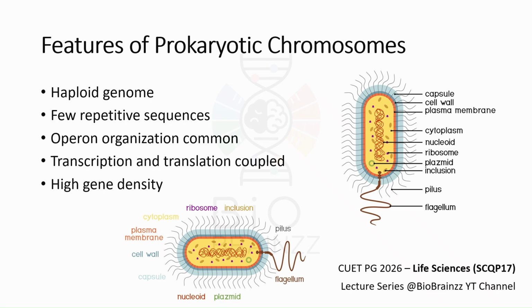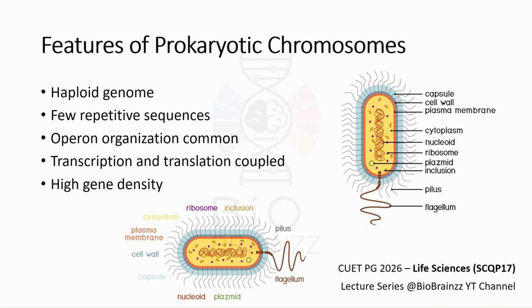In prokaryotic cells, transcription and translation are coupled. This means protein synthesis can begin even before the mRNA molecule is completely formed because there is no nuclear membrane separating these processes. Also, prokaryotic genomes show high gene density. Most of the DNA codes for proteins or functional RNAs with very little non-coding regions.